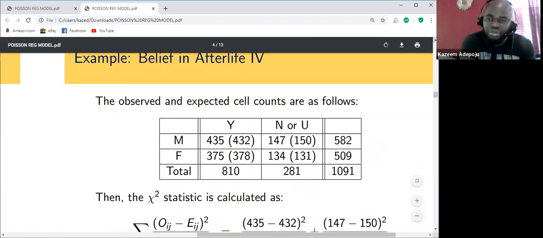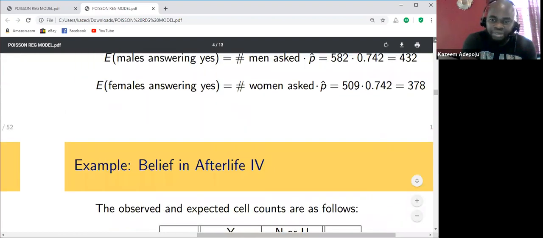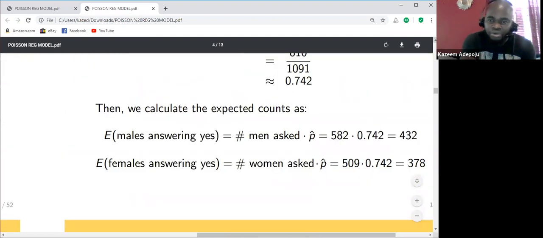I'll give you a second. What is 582? The 582 that we actually use for male. Sorry, you're going to multiply by 582, the number of males.